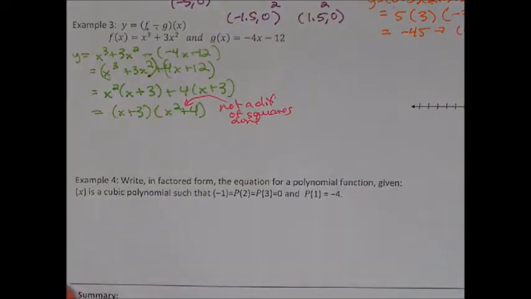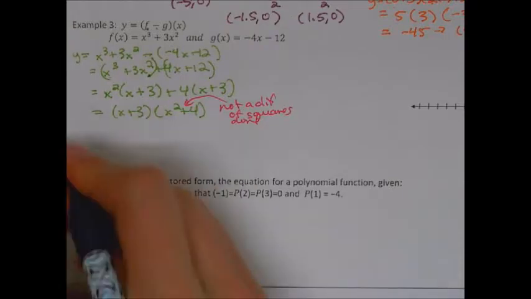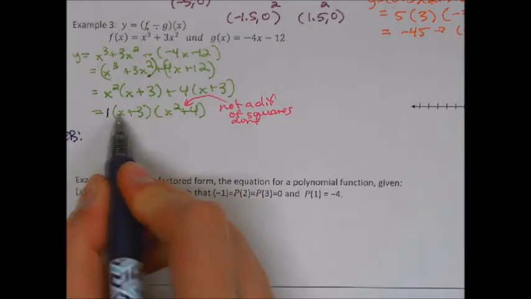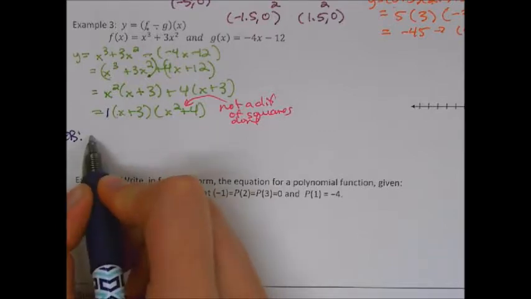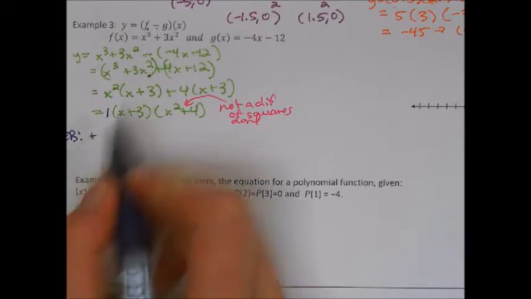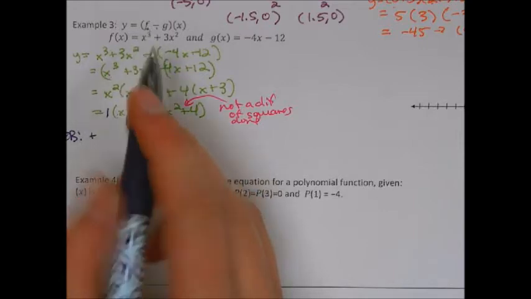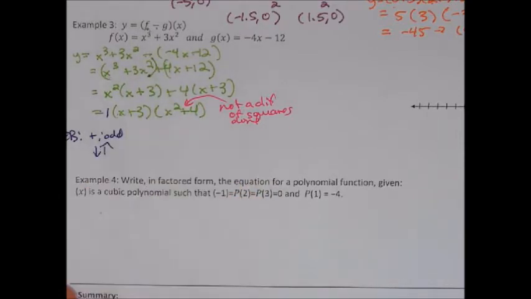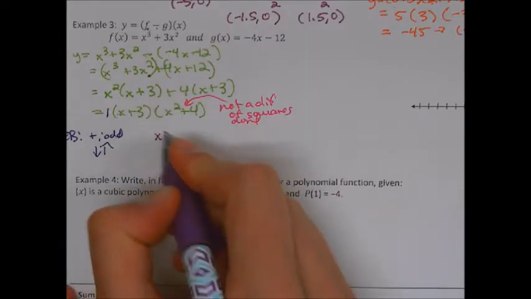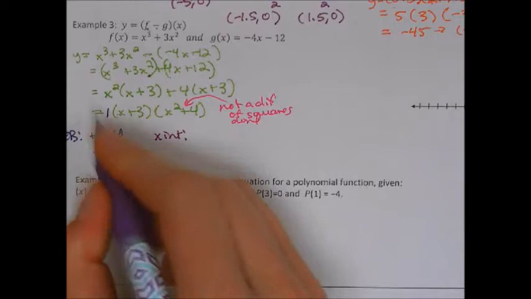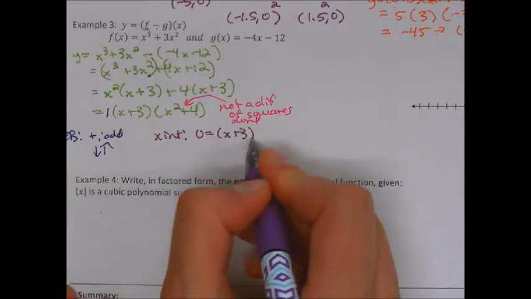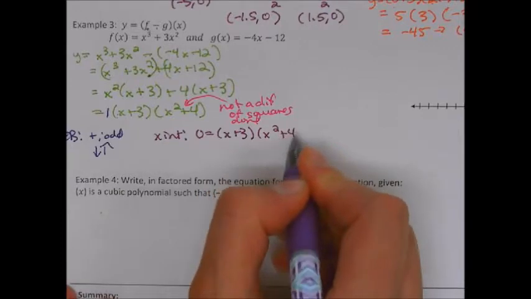So let's look at our end behavior. My leading coefficient is positive 1. I look here, x to the third, odd, so we're down, up. For the x-intercepts, I'm going to make y equal to 0. 0 equals x plus 3 times x squared plus 4.